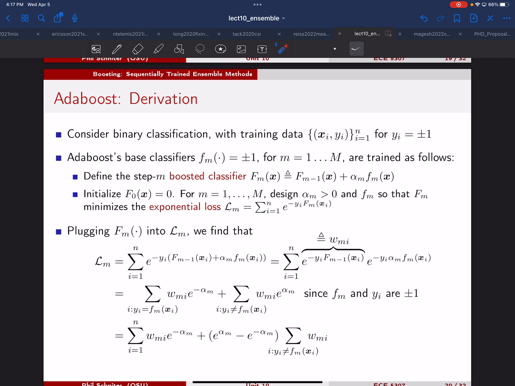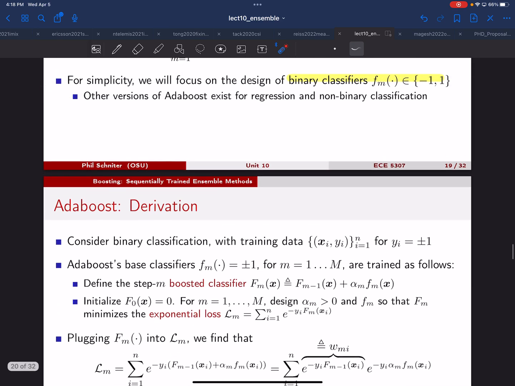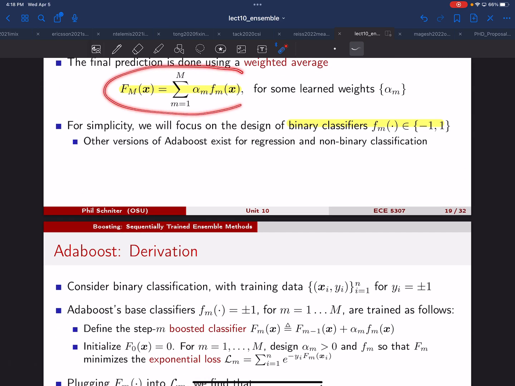So we're going to focus on binary classification. This is our training data as usual, and the training labels, of course, are going to be plus or minus 1. And we're going to design these base classifiers, little fm. This is how we'll do it. We define the step little m boosted classifier as this capital F little m, and to get that, we just take the previous capital F and add alpha m times fm. So we're essentially building this up recursively.